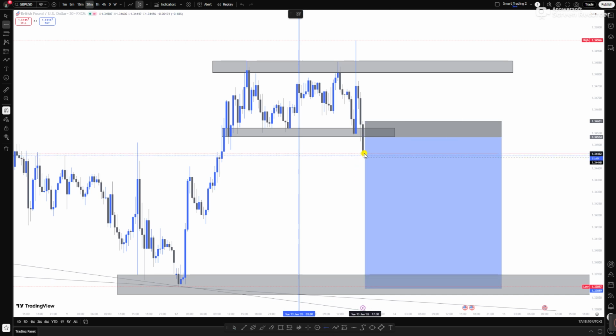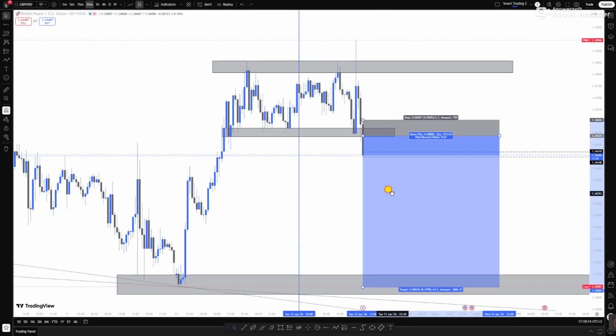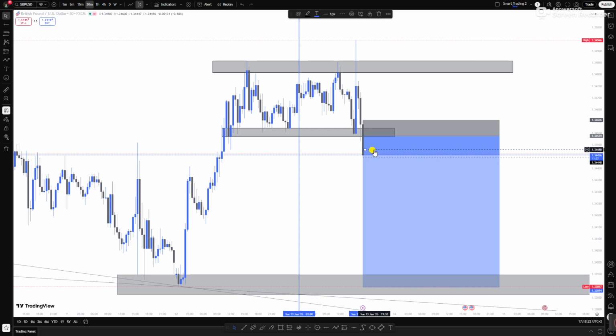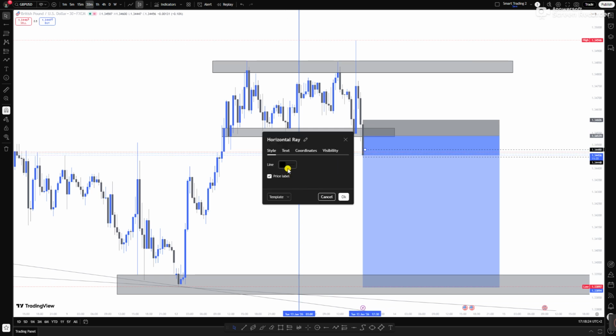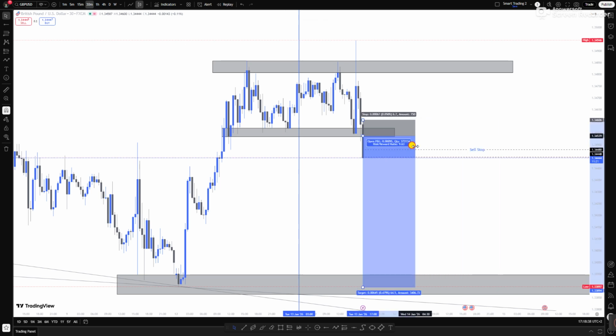This is where our sell stop, our entry, should have been somewhere here. So we should actually be in profit right now. So I'm just gonna move this like this.